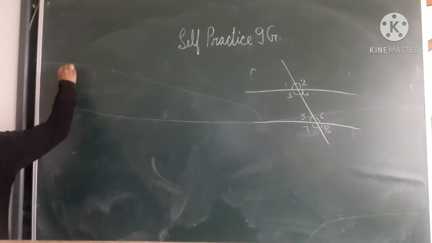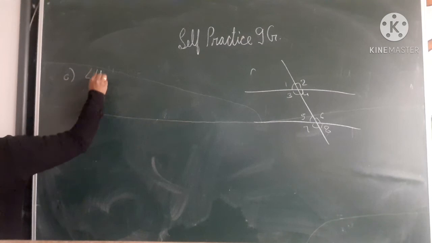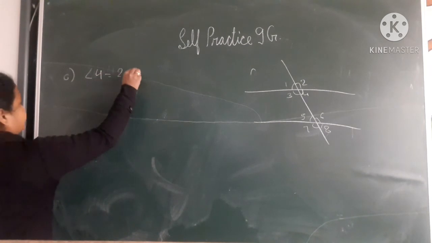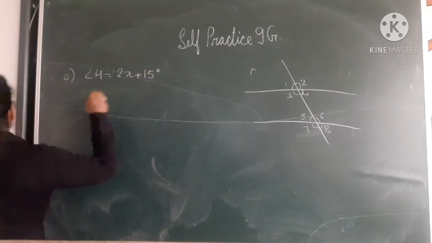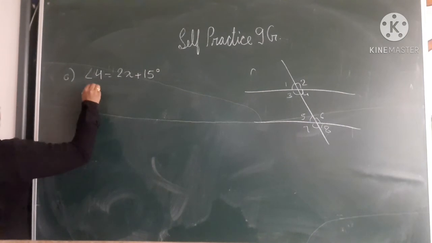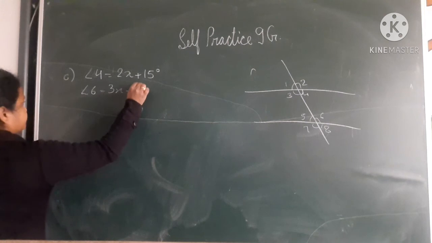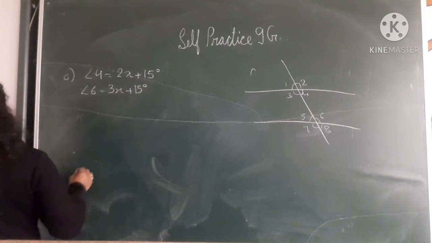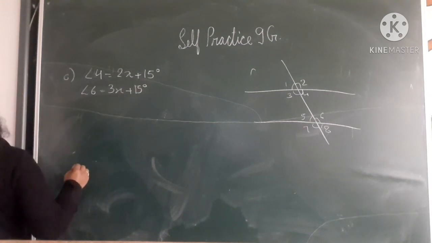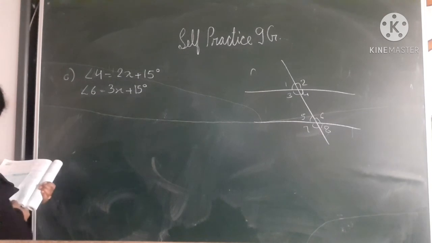What is there in C part? Angle 4 is equal to 2x plus 15 degree and angle 6 is equal to 3x plus 15 degree. So what you will get?